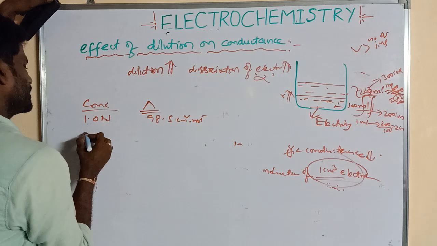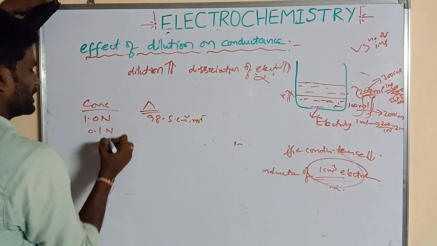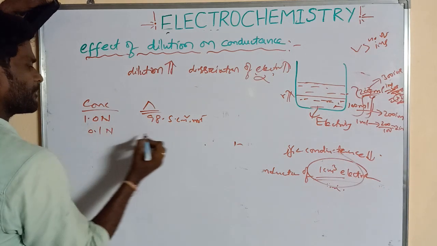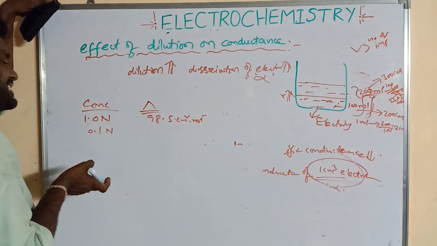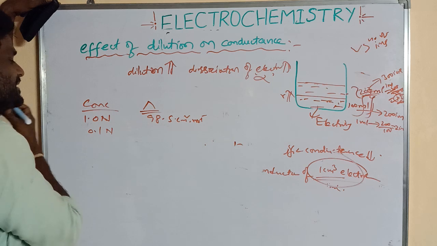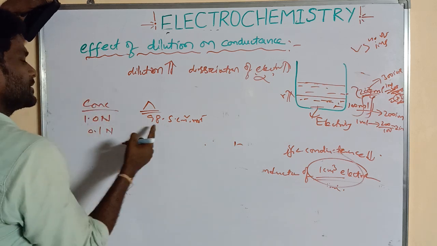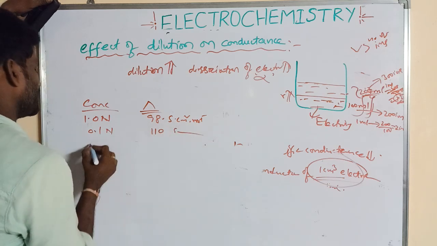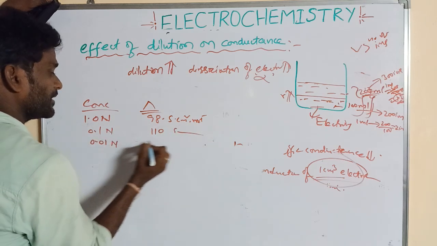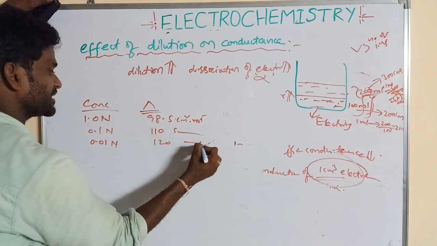Then 0.1 normal, on dilution its concentration decreases, its value is approximately 110. Then 0.01 normal, so 120 Siemens centimeter square.